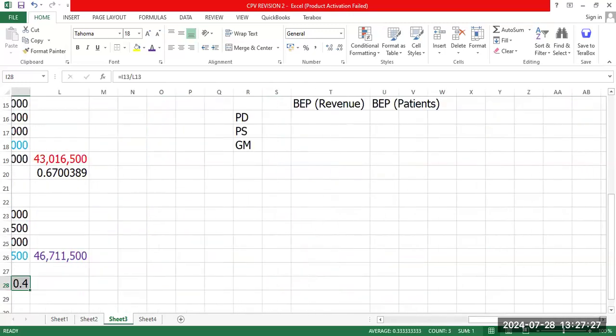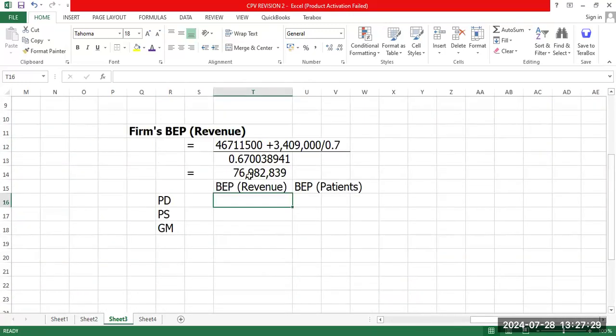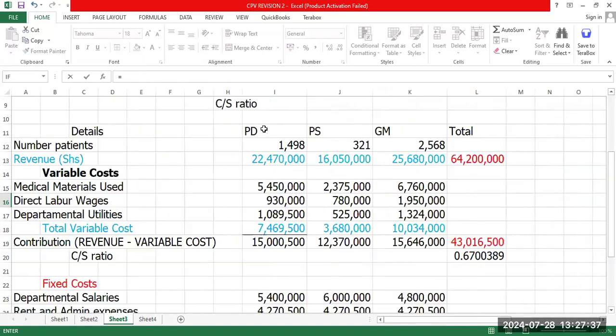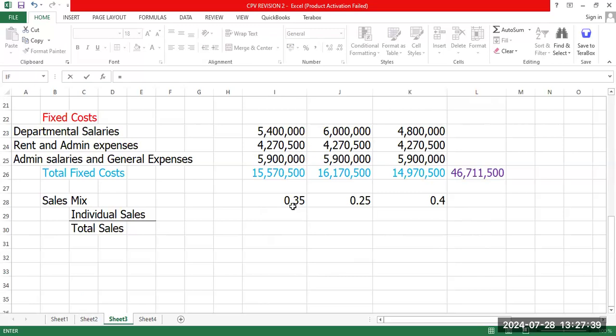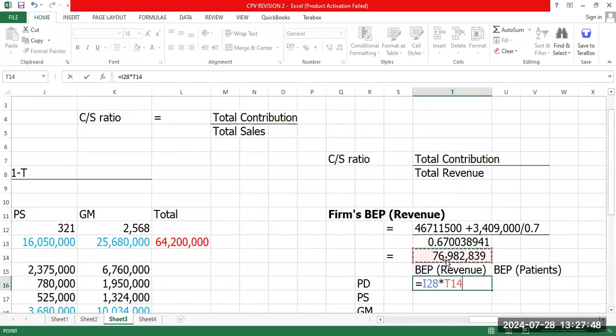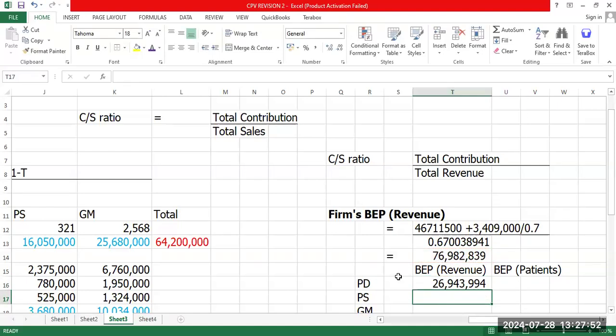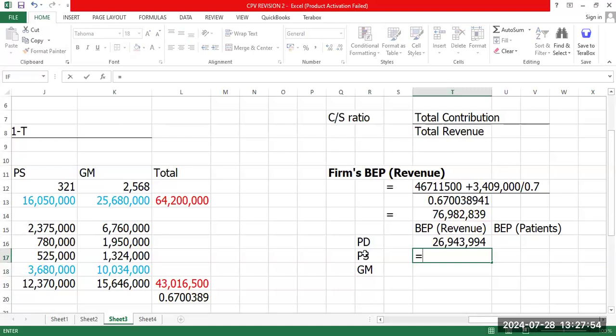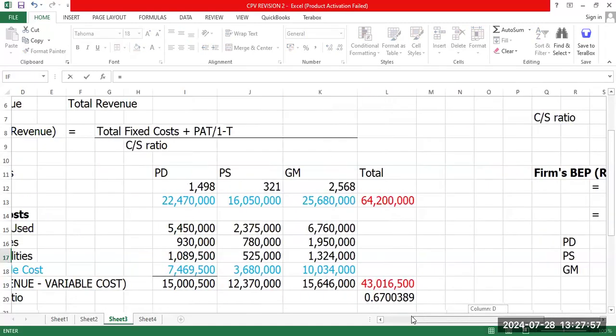Once you have sales mix, come back here and get break-even point in revenue for each department, whereby you get the sales mix for PD, which is 0.3. Then you multiply by the firm's break-even point in revenue. You do the same for PS. What is sales mix for PS?